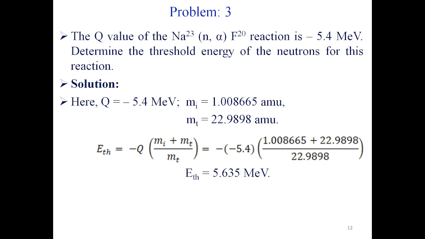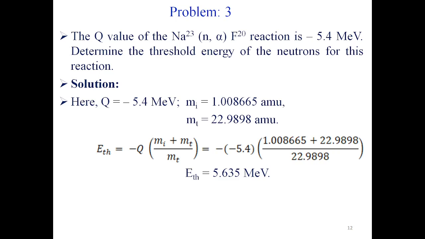Now we shall discuss one problem based on this threshold energy. The Q value of the Na23 (n, alpha) F20 reaction is minus 5.4 million electron volt. Determine the threshold energy of the neutrons for this reaction.